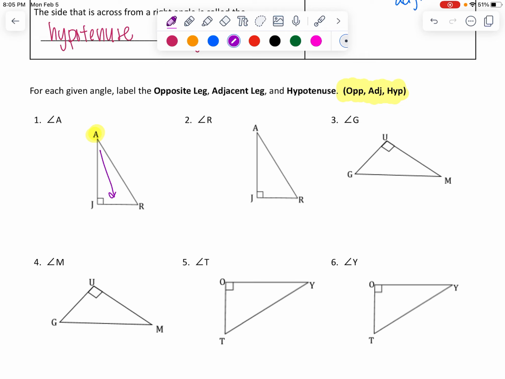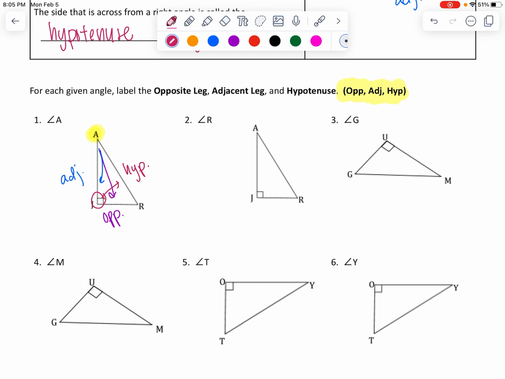It's right across from that angle. There's my opposite leg. My adjacent leg is the non-hypotenuse side that is right next to our angle. So there's my adjacent side. And then my hypotenuse is going to be right across from your right angle. So there is your hypotenuse. And remember, the hypotenuse has to be the longest side of your right triangle. So in this case, that makes sense.